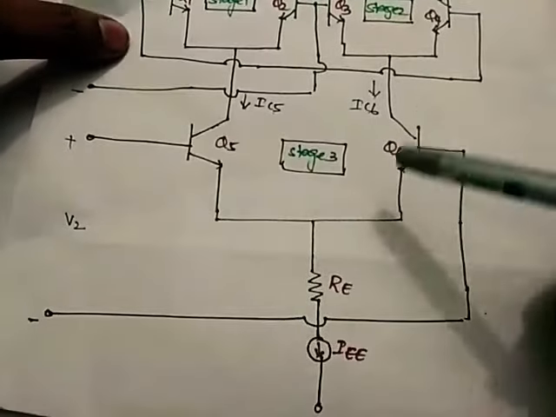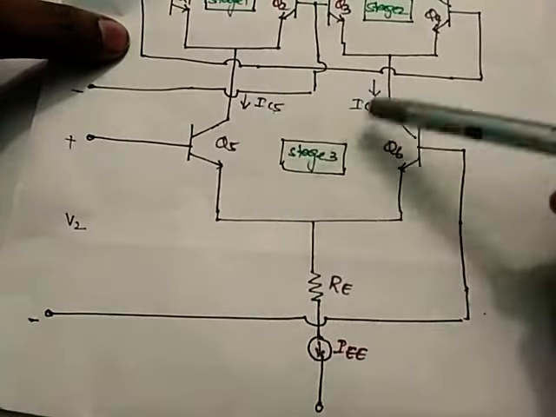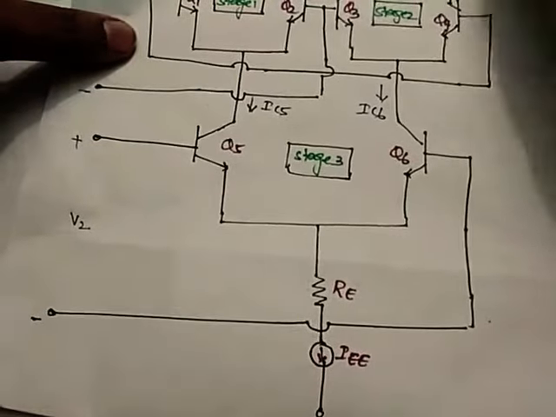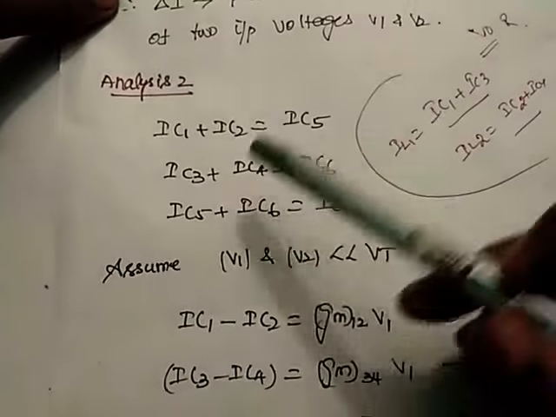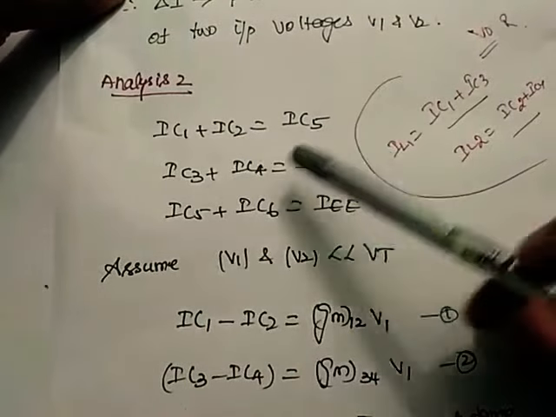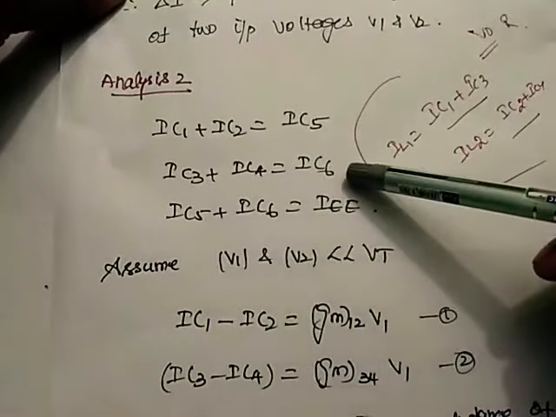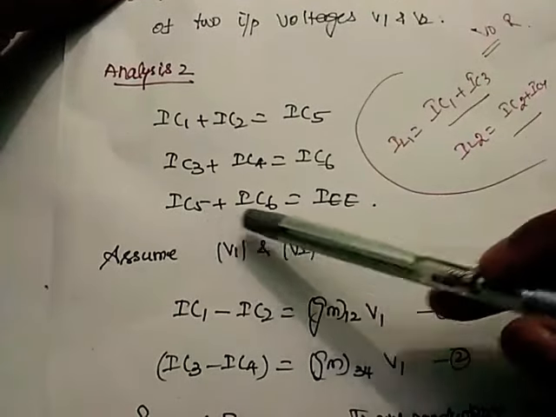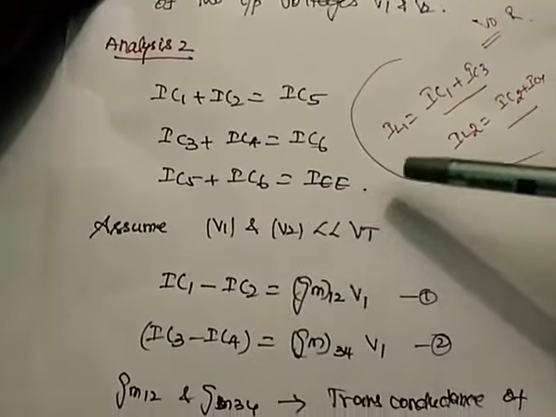Like the same way in stage 3, IC5 and IC6 is the combination of IEE. So we can write it as IC1 plus IC2 is equal to IC5 and IC3 plus IC4 is equal to IC6. And in stage 3, we already saw IC5 plus IC6 is equal to IEE.